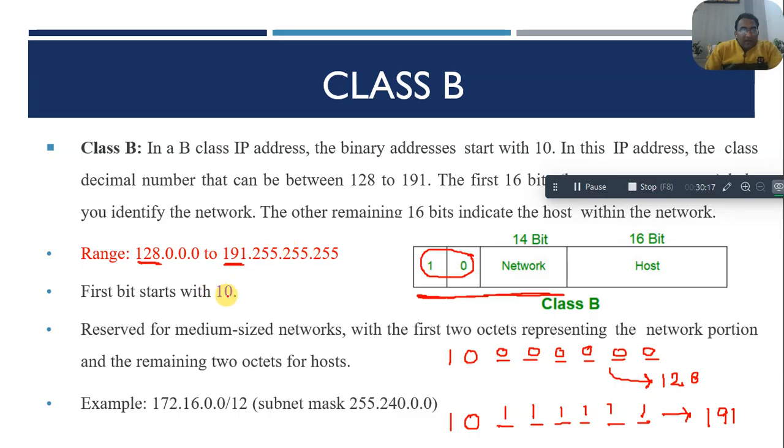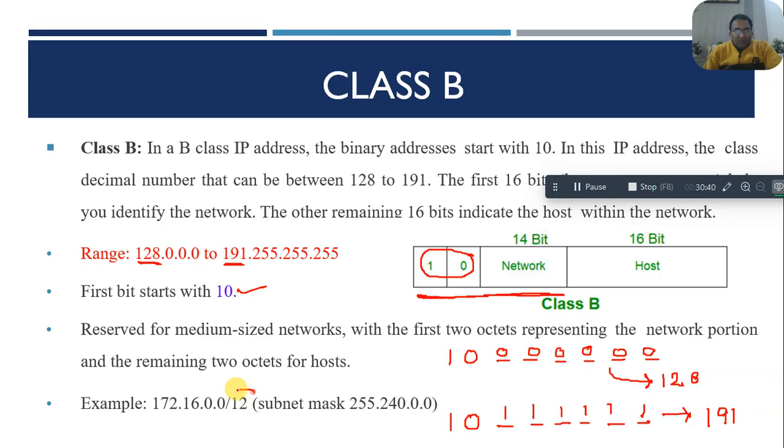Again, as we have discussed, the first bits in class B will be 1 0, reserved for medium sized networks with the first 2 octets representing the network portion and the remaining 2 octets for the host portion. Example: 172.16.0.0/12.